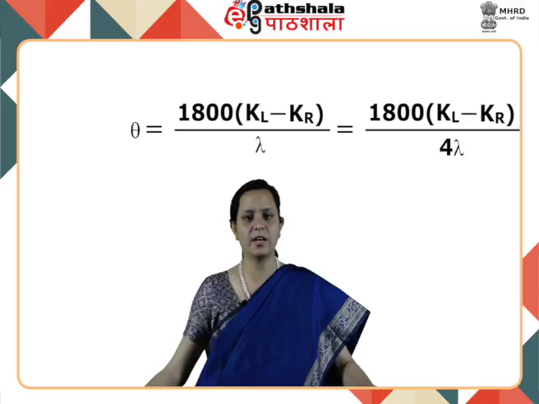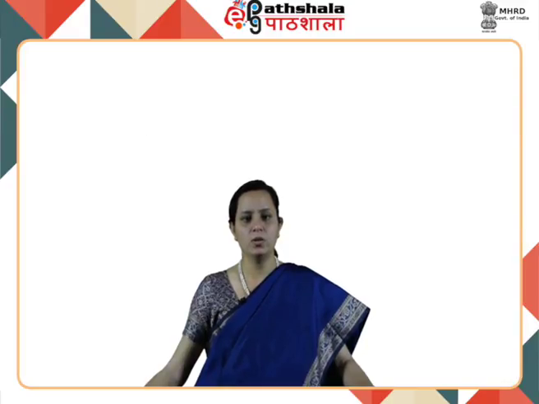So, now theta becomes 180 times kappa L minus kappa R divided by lambda, which is equal to 180 times KL minus KR divided by 4 pi.